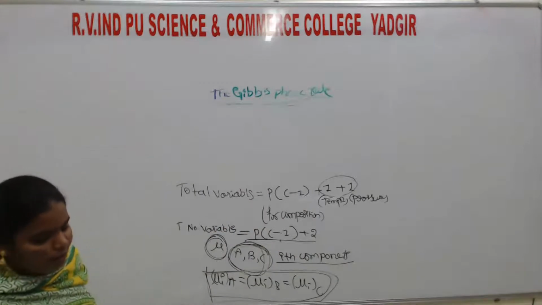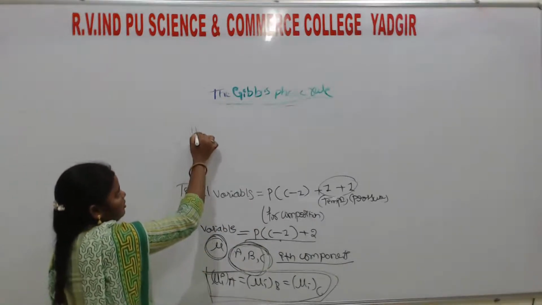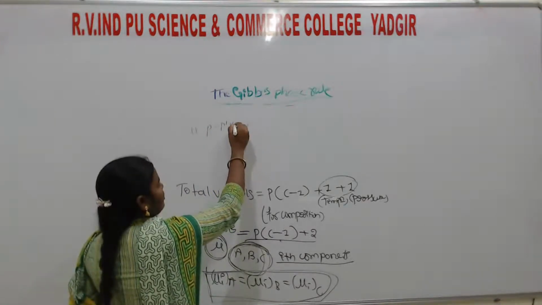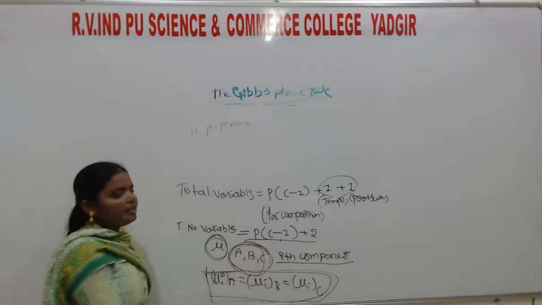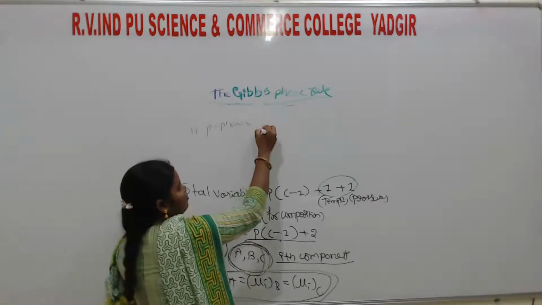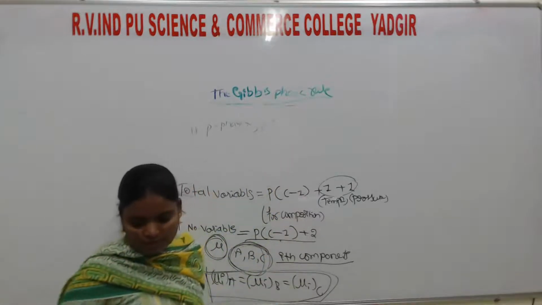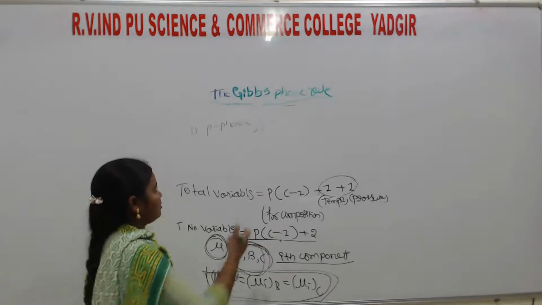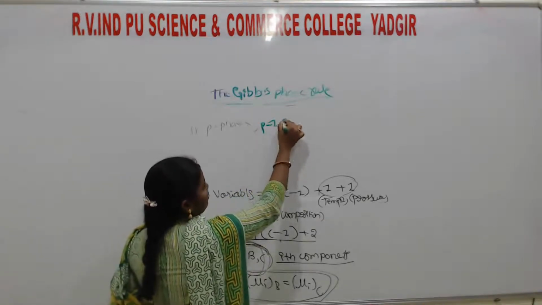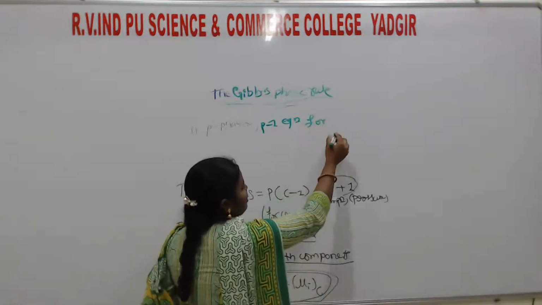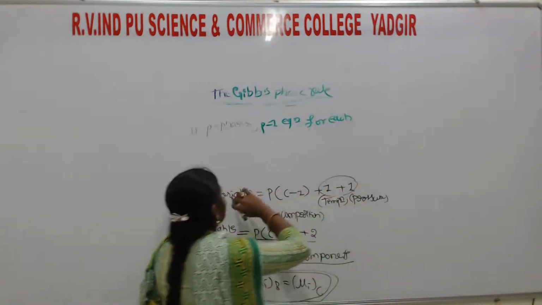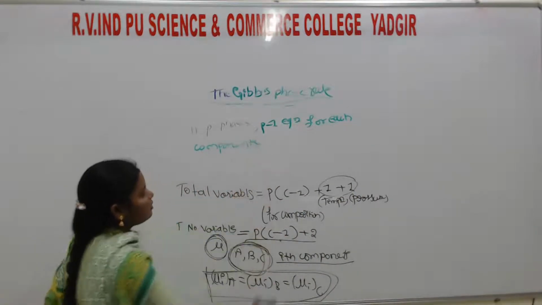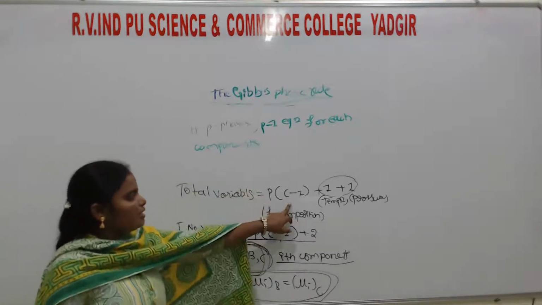If there are P phases, there are P minus 1 equations for each component. Here P minus 1, here C minus 1.